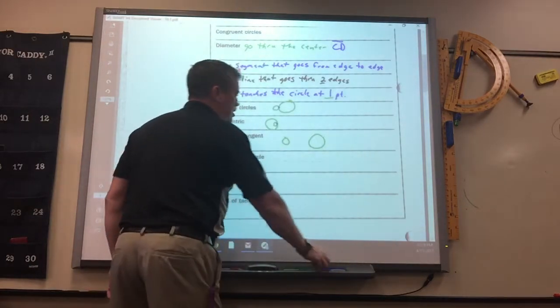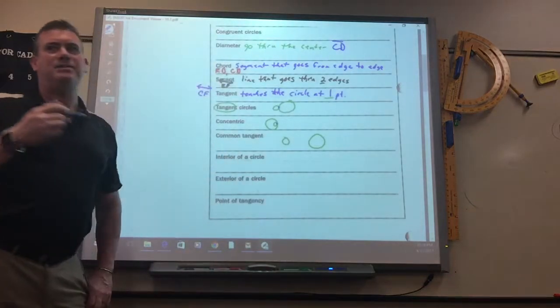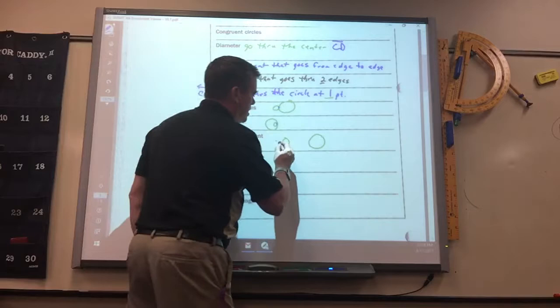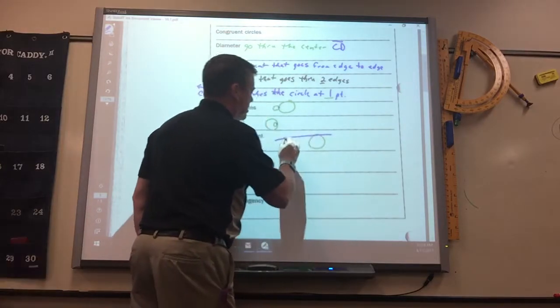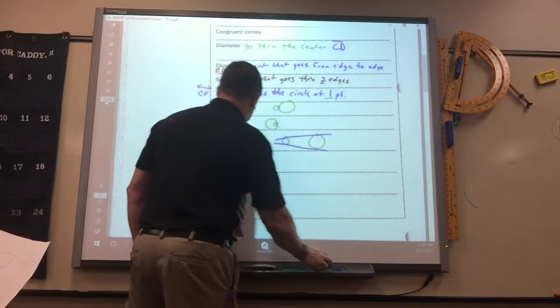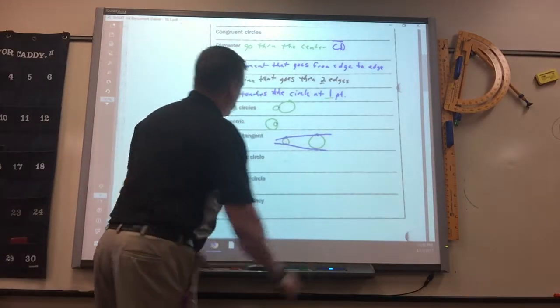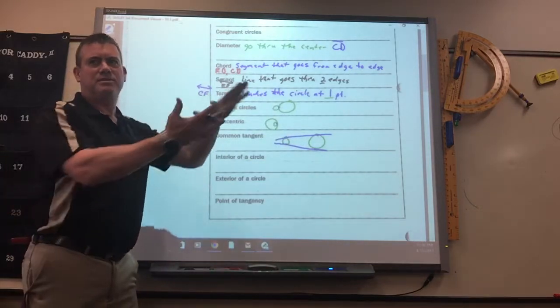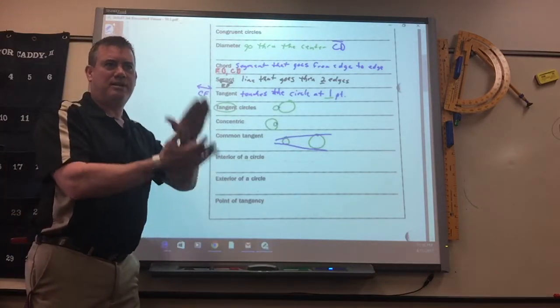A common tangent. If you've got two circles, a common tangent means it's tangent to both circles. So it would be like this, touching there and there, and like that. What I drew right here is called external tangents. External means outside, right?